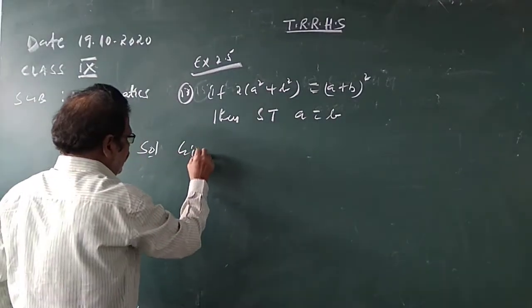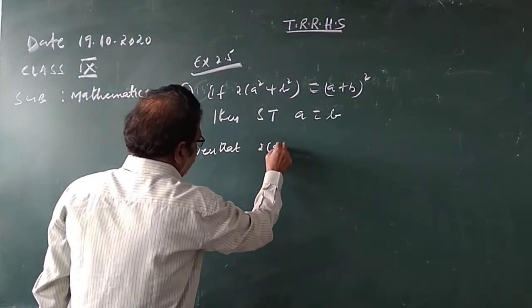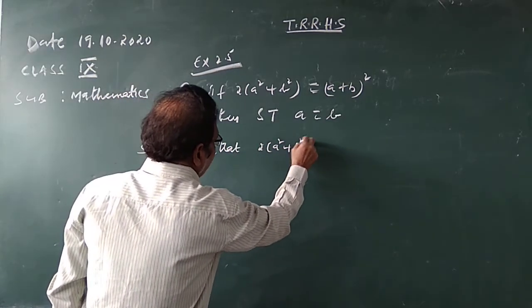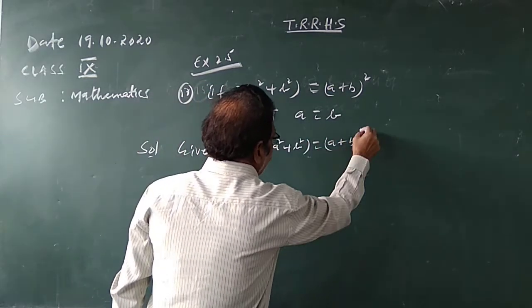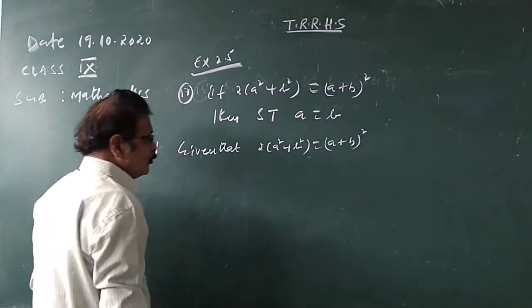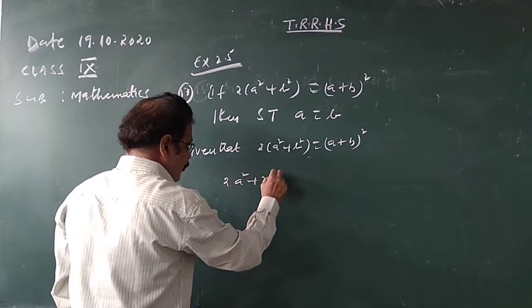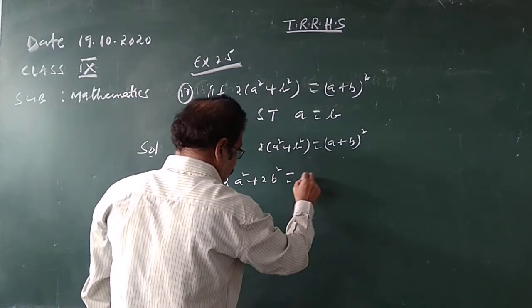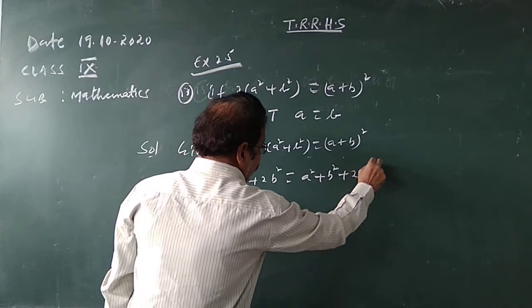Solution: given that 2 into a square plus b square is equal to a plus b whole square. So simplify this: 2a square plus 2b square. Expand a plus b whole square: a square plus b square plus 2ab.